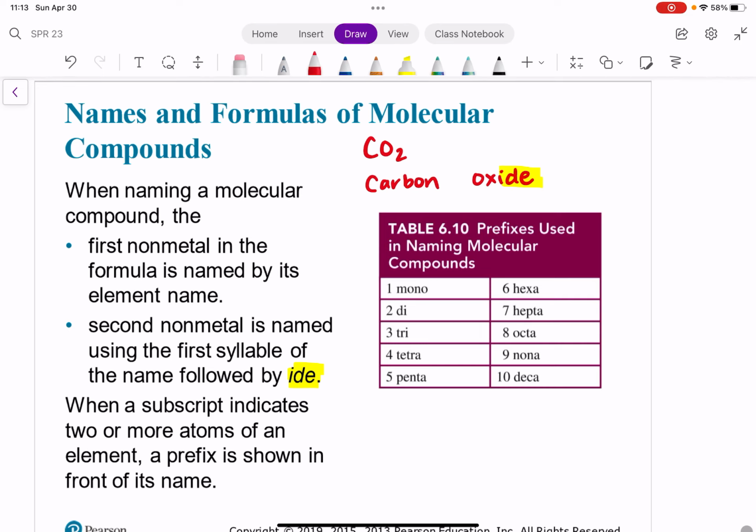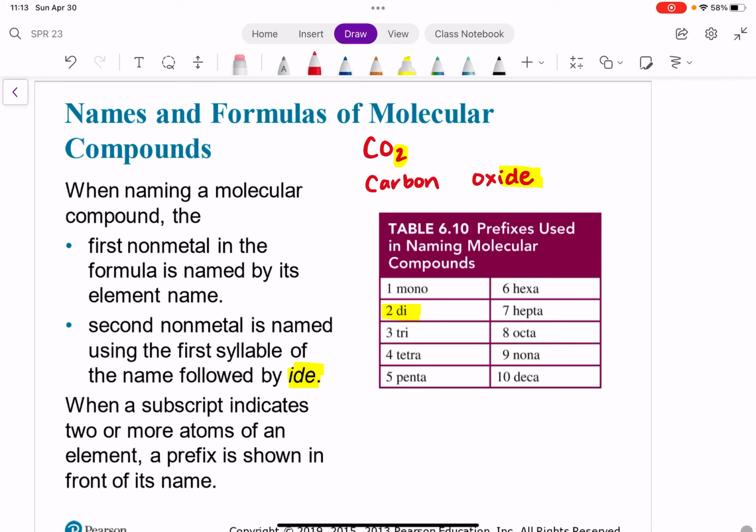So what we did was we came up with these prefixes that we would use to name our compounds, to tell how many of each of those individual atoms we have. If there are 2 oxygens, using this list, what would the prefix be? Yeah, it would be di. Di. 2 is di in our prefix list.